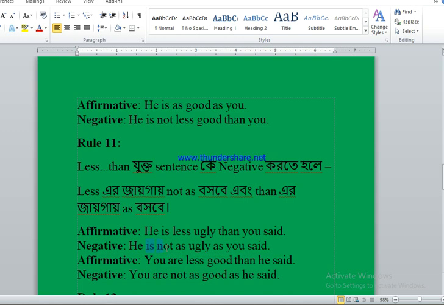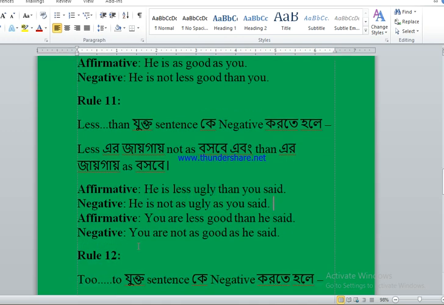Then you will add not, and you will use as in place of less. Then you will put the adjective in the gap of as dot dot as. Then you will use the rest of the words of the affirmative sentence. You will try this example yourself.